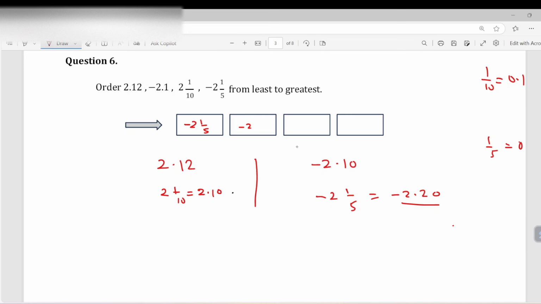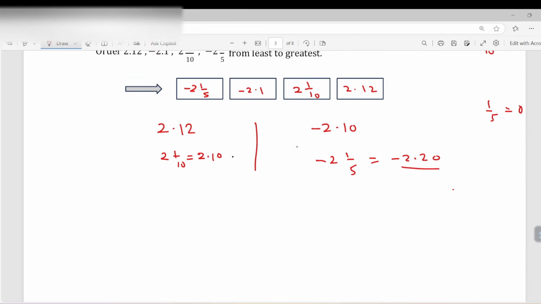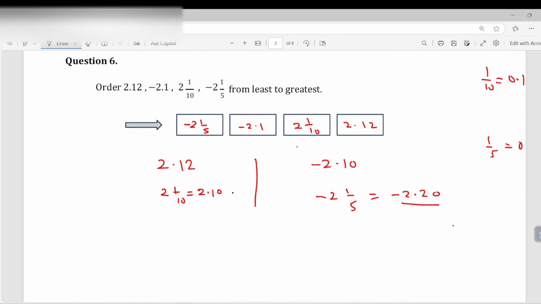Next, minus 2.1. Then positive: 2 integer 1/10, then 2 integer 1/5. To avoid this confusion, please draw the line and you can go with this.